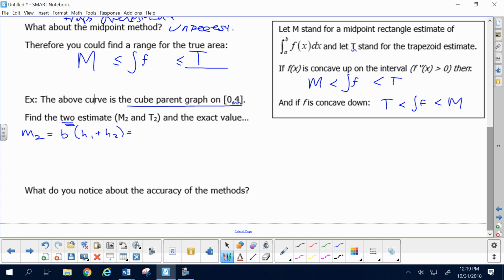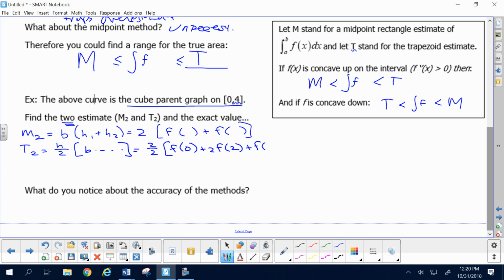Use 2 trapezoids. I'm using 2 intervals, so what x values would the midpoints be drawn at?